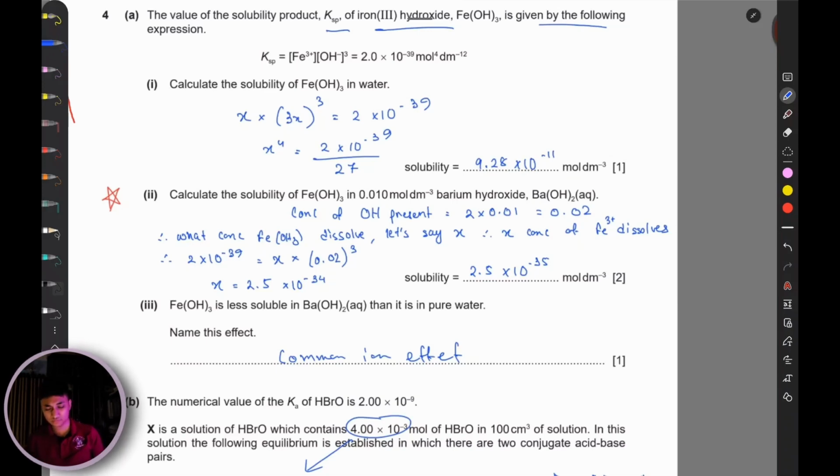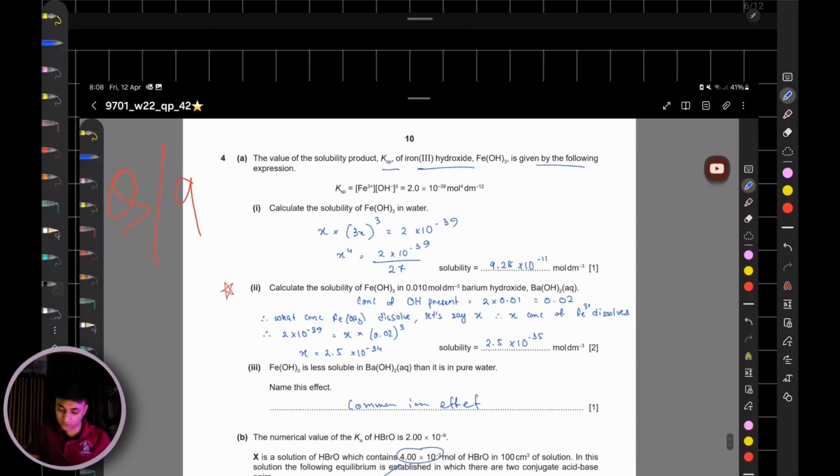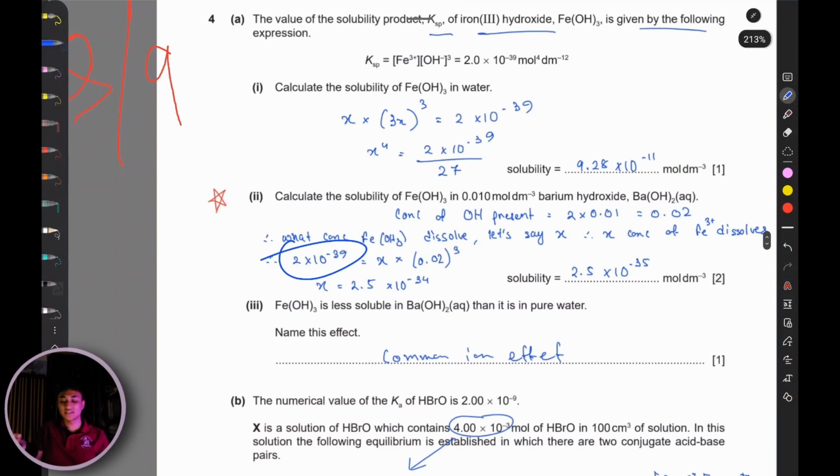Right? Fair enough. I have basically plugged in the solubility product into this equation, and I'm asking this equation, what is the concentration of Fe3+ that will dissolve with respect to the already existing OH ions. So this is your concentration of OH ions to the power of 3 due to the equation formula. And now you know the concentration of Fe3+ or iron that is going to dissolve.